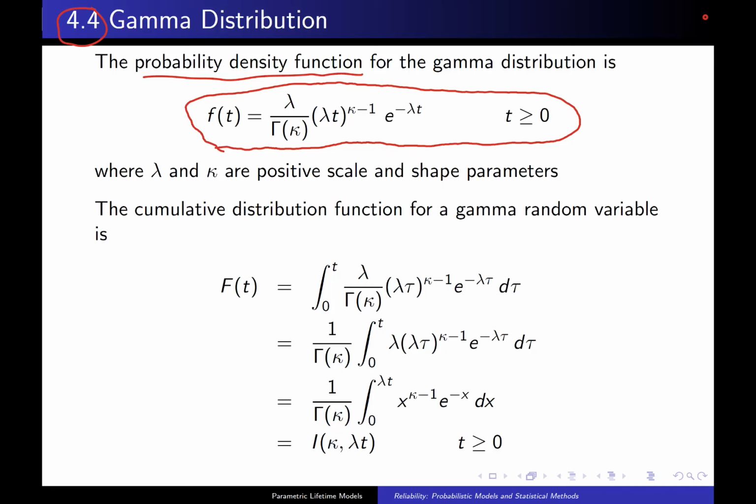Now, as was the case with the Weibull distribution, you have a support t greater than or equal to 0, and you also have lambda as a positive scale parameter, and you have kappa as a positive shape parameter.